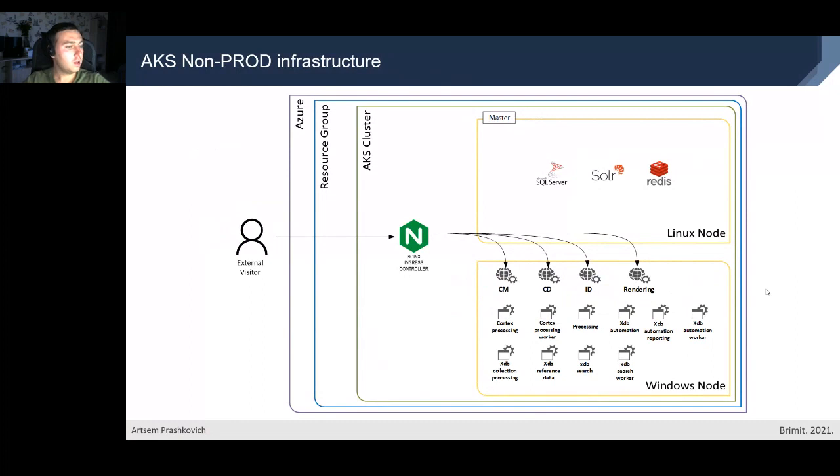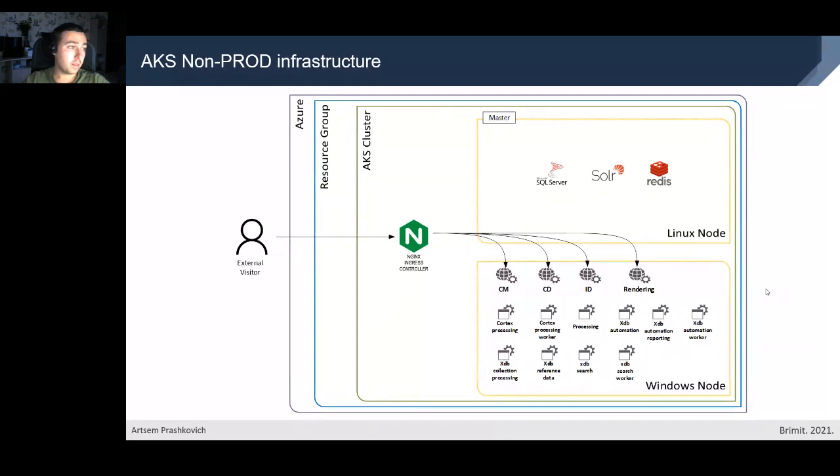Right now we have only one environment, which is the UIT or acceptance environment that we provided for our client, where the client can already put the content, and we consider that environment non-production.